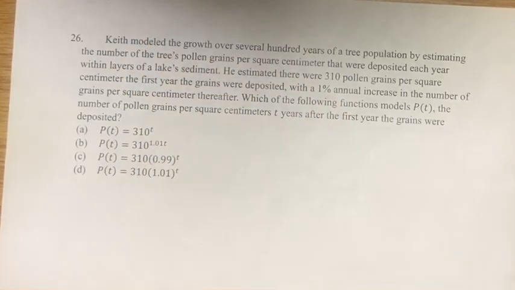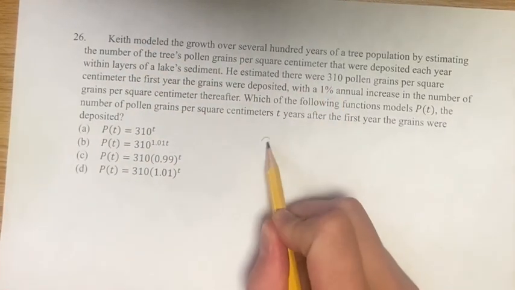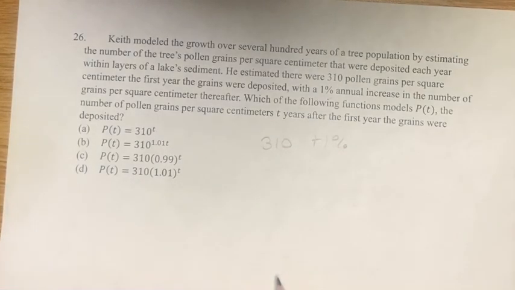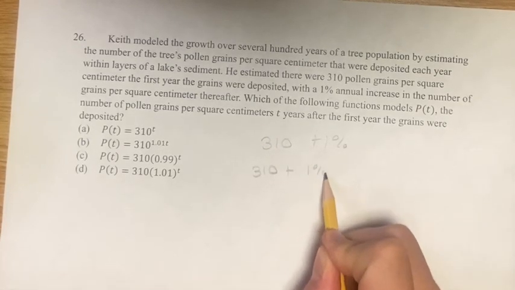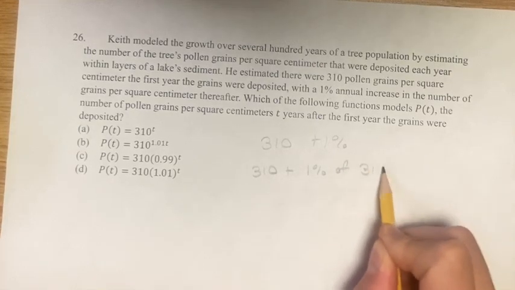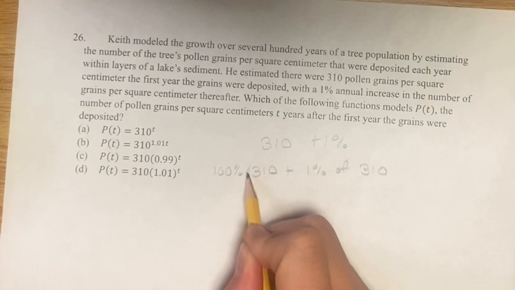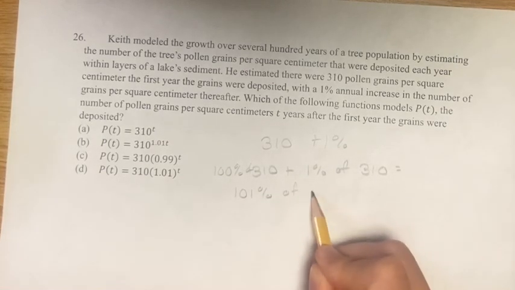So this is a really wordy problem, but all we need to know is that we have 310, and then it's going up by 1% every year. So we are taking 310, and we're adding 1% of 310. If we think of 310 as 100% of itself, then this is equal to 101% of 310.